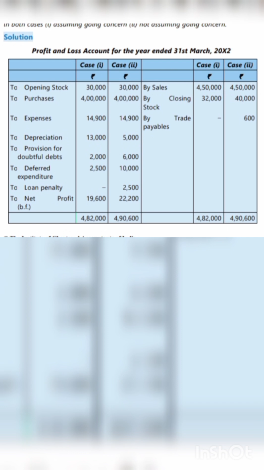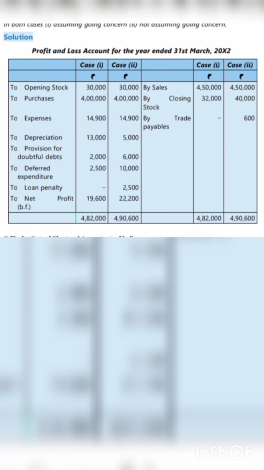You can see this 4 lakh has come from point B of the additional requirement. It is 4 lakh in both going concern and not going concern.